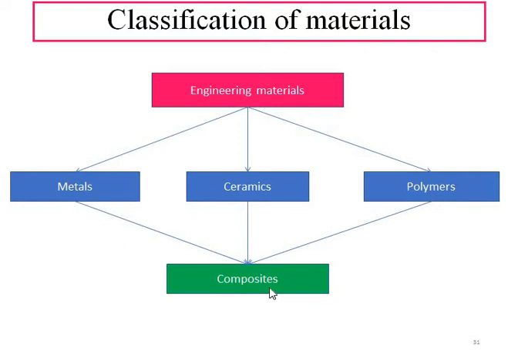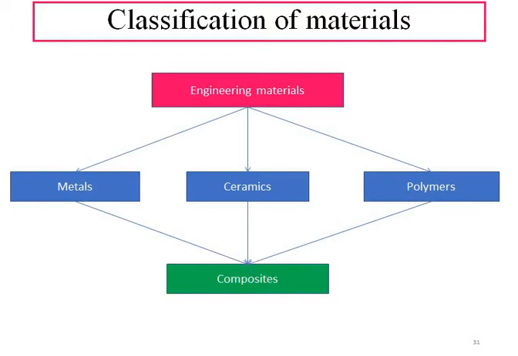And composite means a mixture or a blend of any of these two or three materials. Metals and ceramics can form a composite, ceramic and polymer can form a composite, and polymer and metal also can form a composite. All three together can also form what we call a composite.